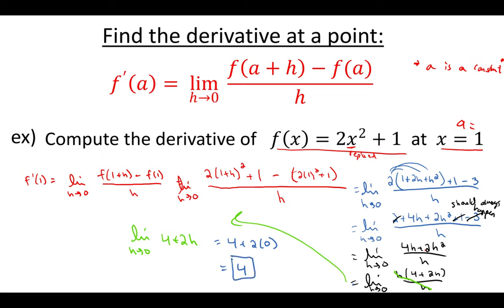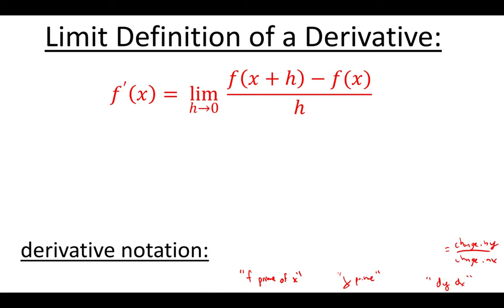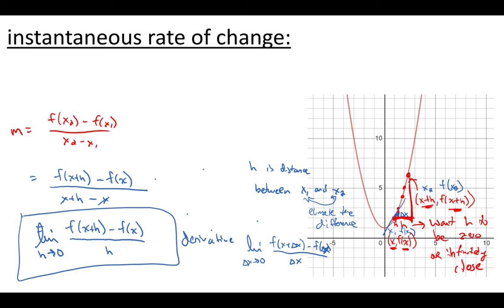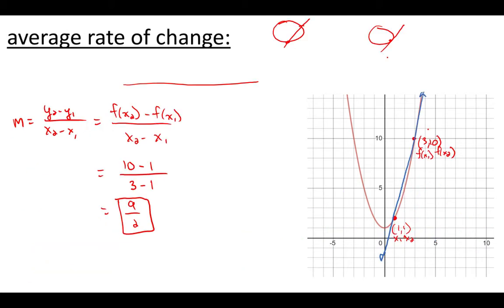So what we've said is now what this means, right? This means that the slope of 2x squared plus 1 at x equals 1 is 4. That's what we've said. That's what we figured out. The slope of the tangent line at x equals 1, and this is the same function, by the way, that I used for this graph, which is 2x squared plus 1, I believe.